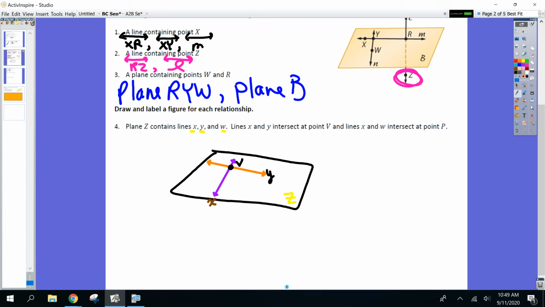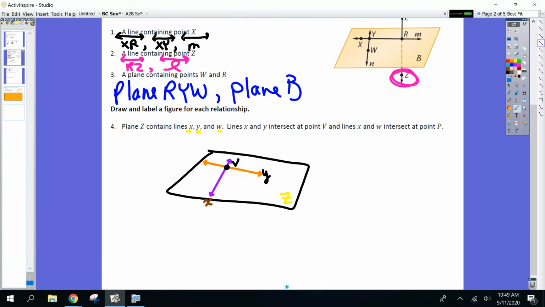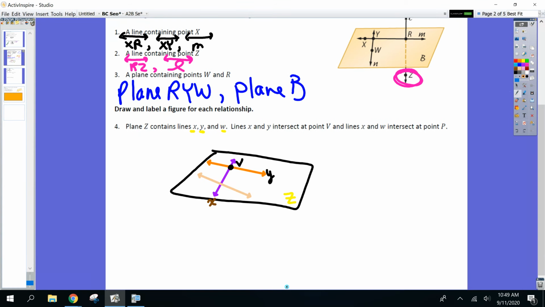You have 2 lines, X and Y, that intersect at V. Last condition, you should have X and W intersecting at P. So I need a third line in here that intersects line X. Anywhere that intersects line X, I got to call that W, and it should intersect at point P. Okay? Does it have to match mine? No. But at least get the labels correct, please.